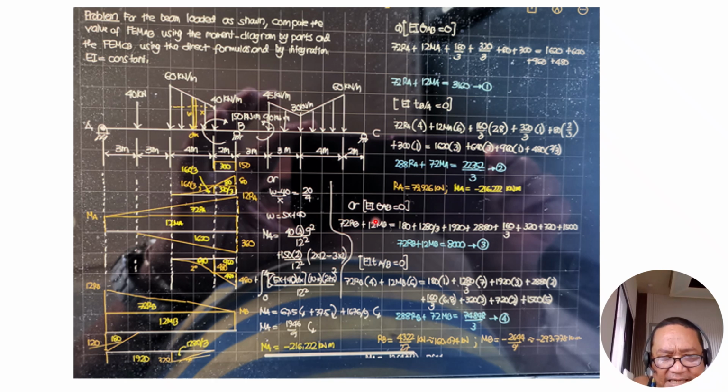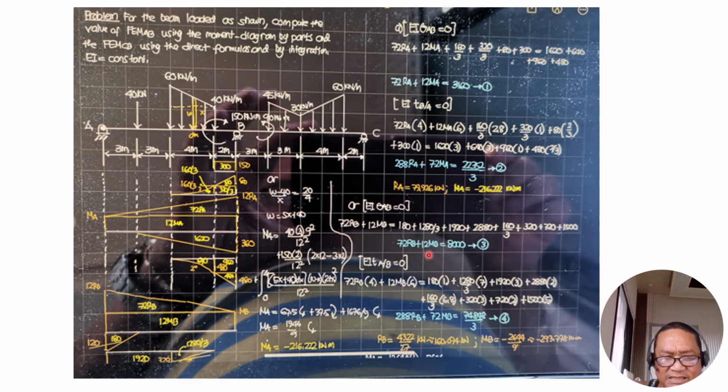So I'll explain EI theta AB again is 0. So 72 RB plus 12 MB equals 180. I think 180 can still be seen here. 180, then plus 1280 over 3 plus 1920 plus 2880 plus 160 over 3 plus 320 plus 720 plus 1500.